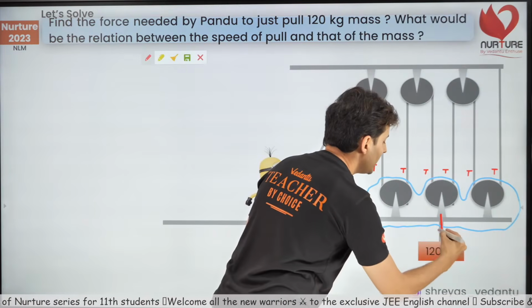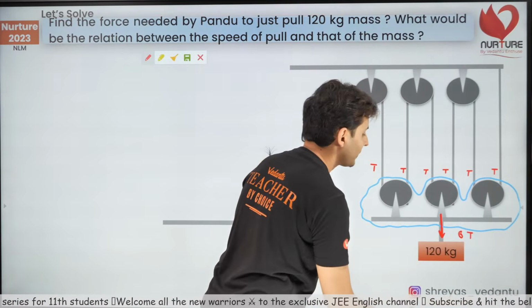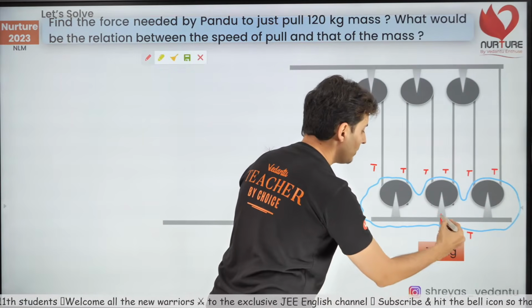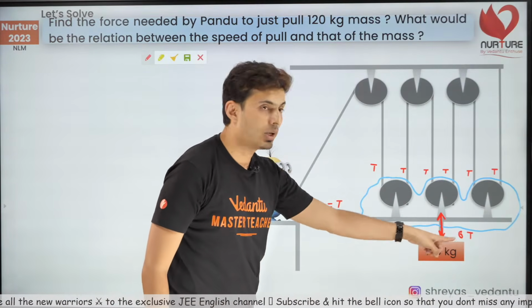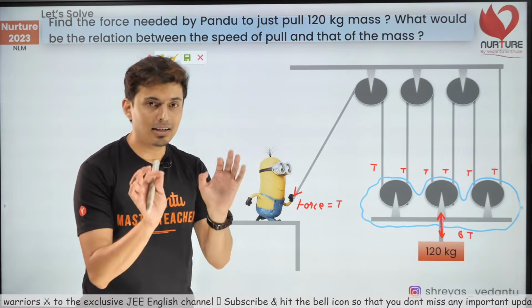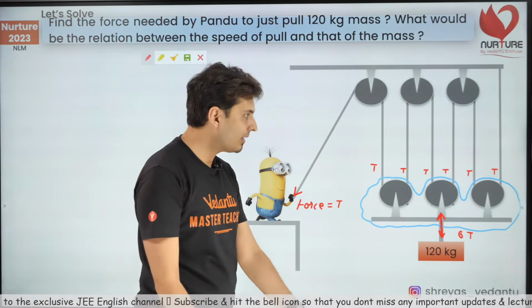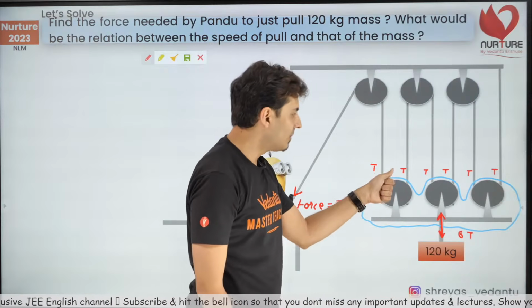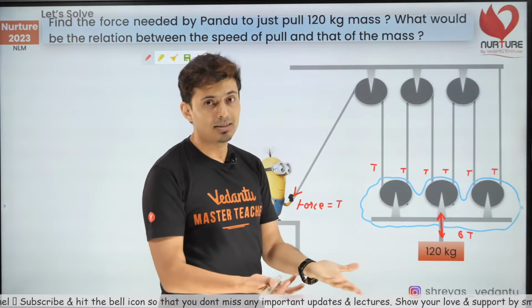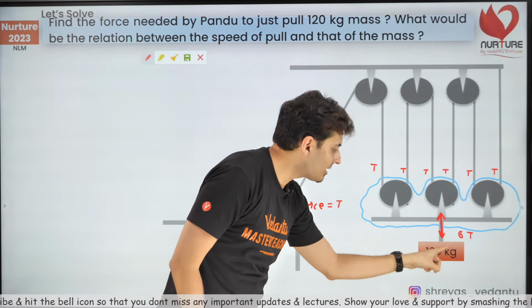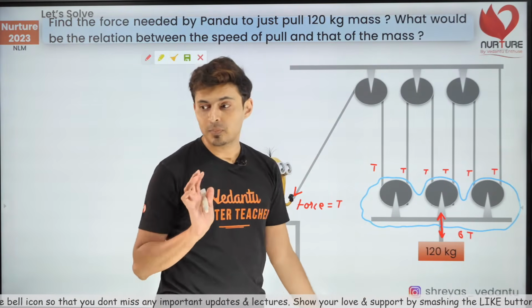So there will be 6T over here, and that same 6T will be pulling up this 120 kg. Is that understood? Everybody clear? This entire system, the net force upwards is 6T. So the force downwards will also be 6T. That 6T is being transmitted to the 120 kg block.